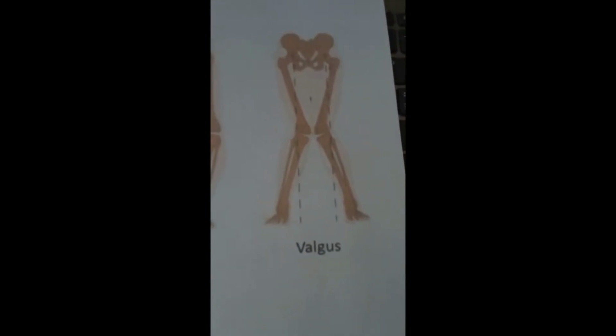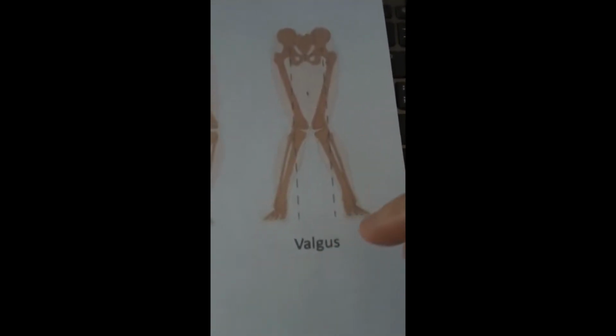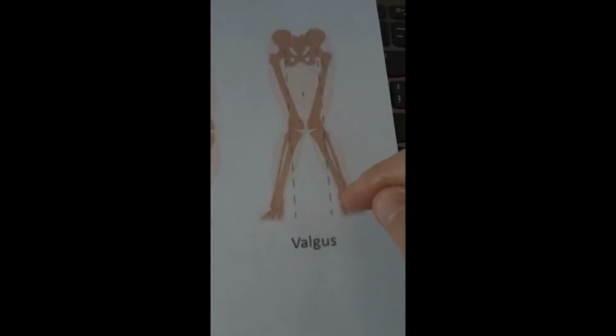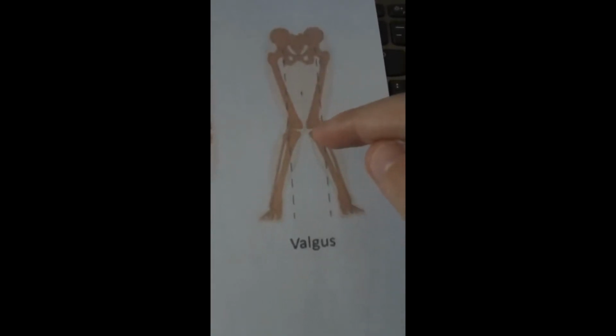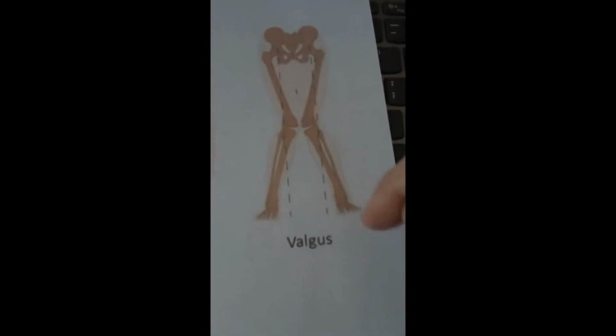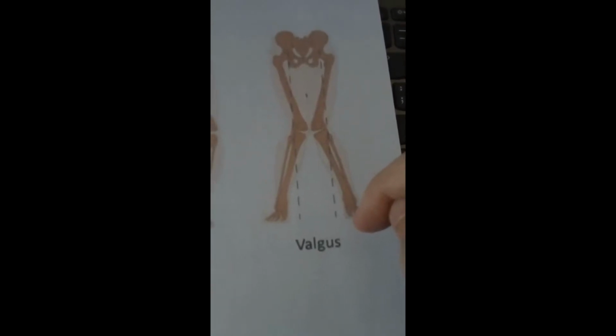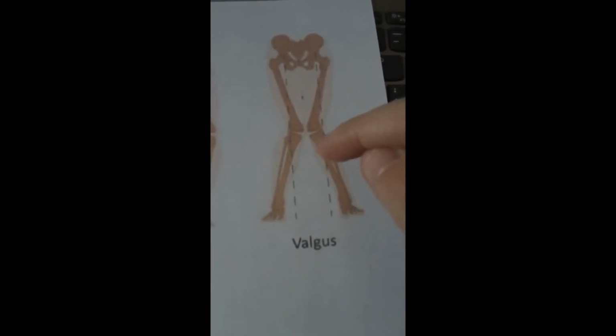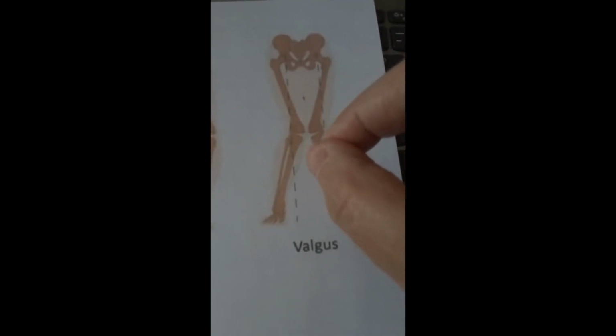Now, in the case of a valgus, as we've just said, the distal end, the end of the bone that's furthest away from the joint, sits at an outward angle. And what this does is it means that the knees come inwards.